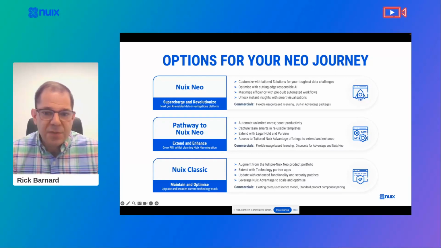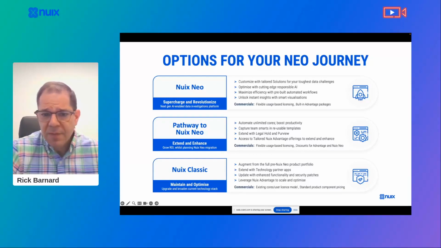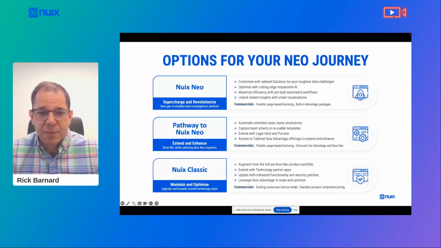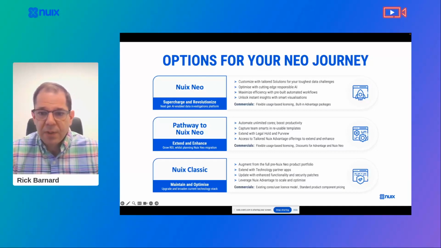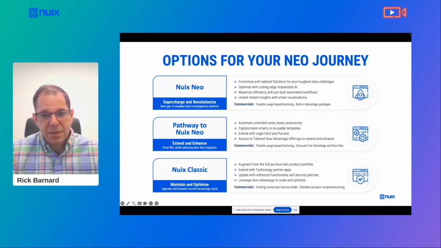But I'll start with the bottom, right? So that's the foundation that we're building off of, right? Nuix, that you've been using for decades, our classic capabilities. You can continue using those, the Nuix engine. You can build around it. You can augment with third-party products or automation with Nuix Automation and Rampiva to enhance the workflow end-to-end, from collections to processing all the way to review.